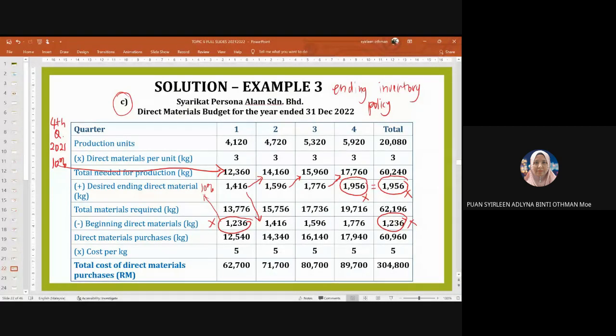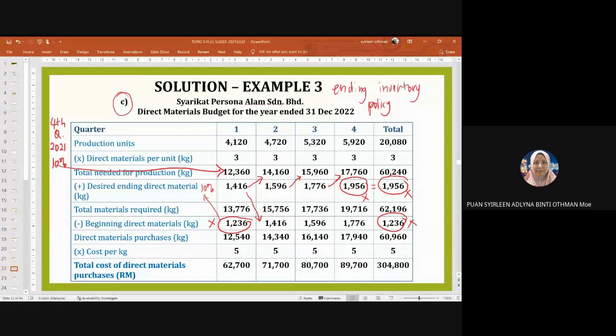If I use the information in 2022, I can still use the same information for 2023 and 2021. The ending inventory policy doesn't mean every time you take 10% from here and 10% from there. That depends on the management.